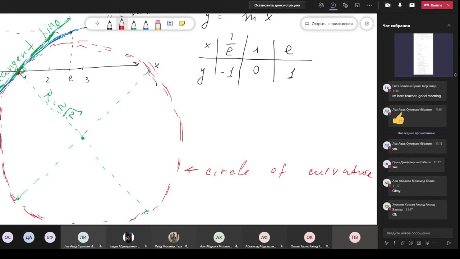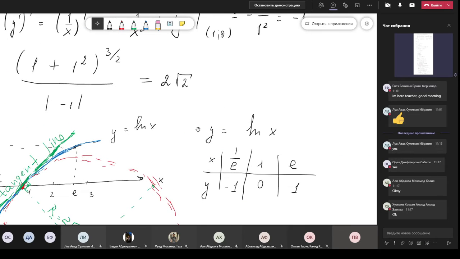Circle of curvature. And this is the center of curvature. Radius 2 root of 2, perpendicular to the tangent line. Understand me? Clear? Or not? Yes, clear. Good.